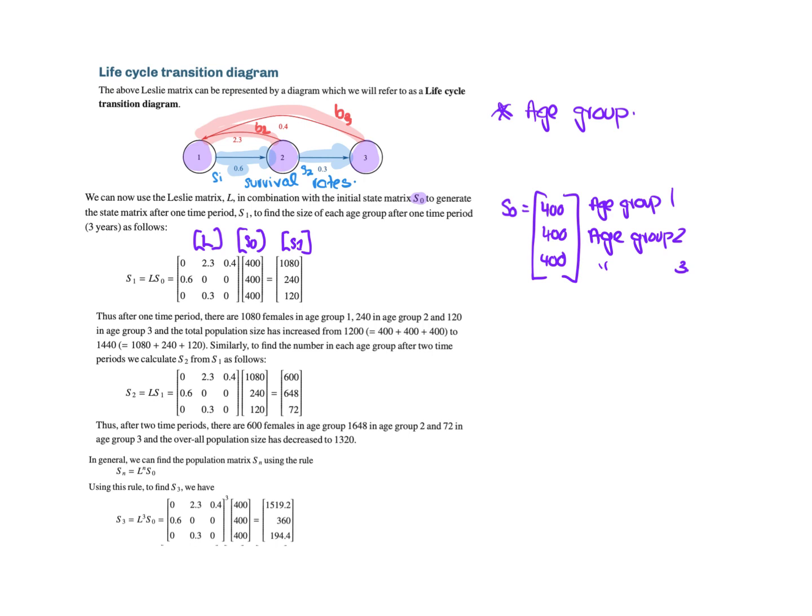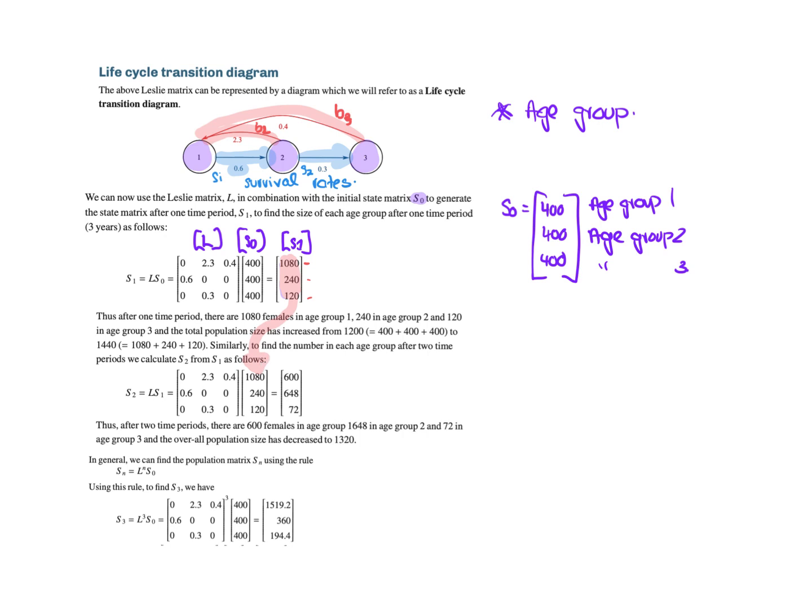After 1 year, we have a whole lot more in age group 1. So we've got a lot of infants. And then we can see we've got less in age group 2 and things. This is after 1 year. Now, you could get the next one. So you can see here, they take L1, and they put it down into here, and that's how they get L2.